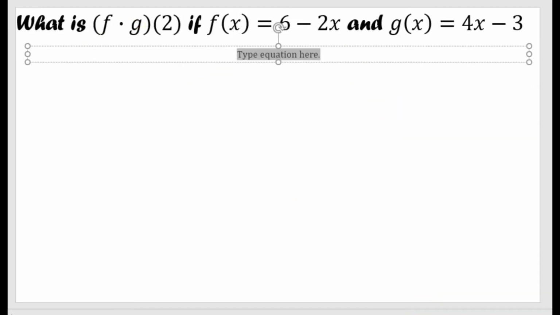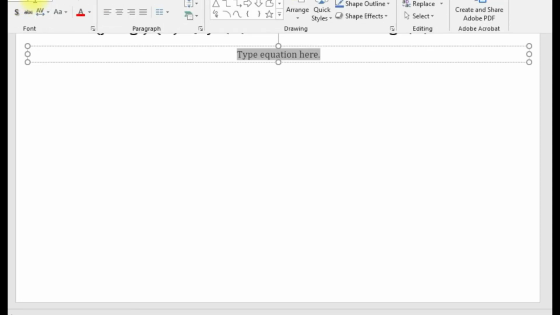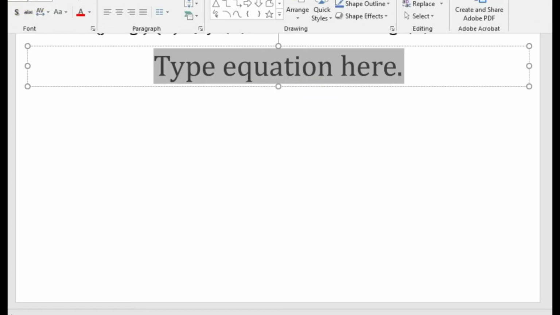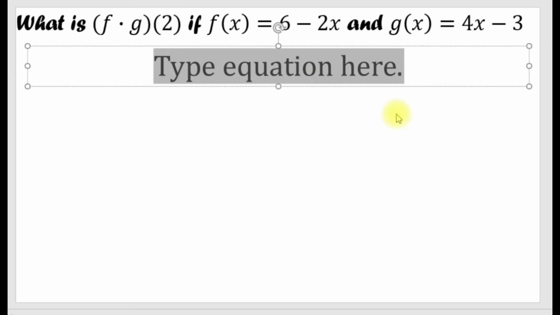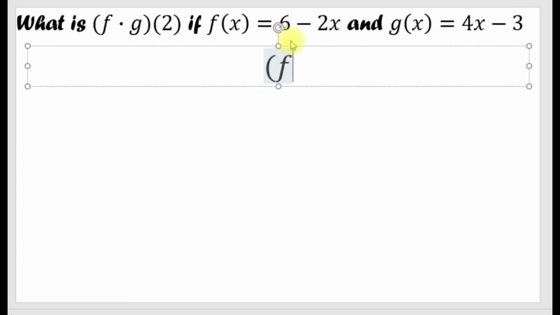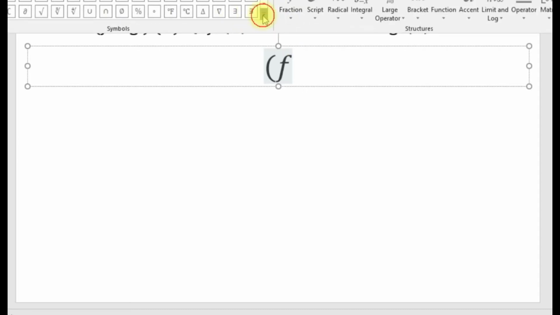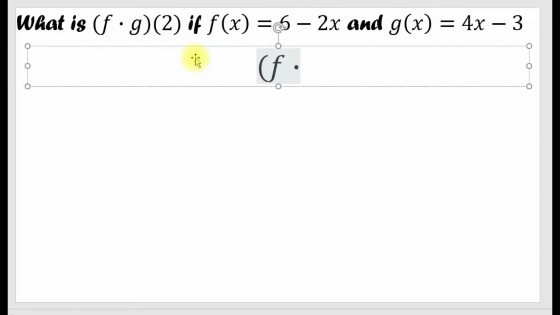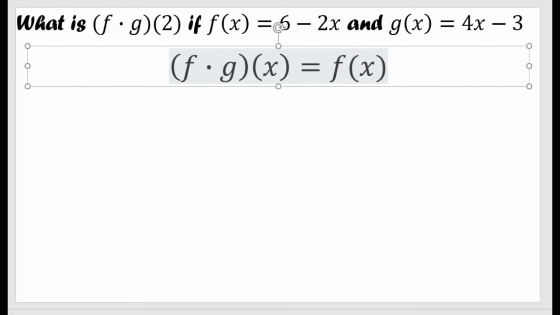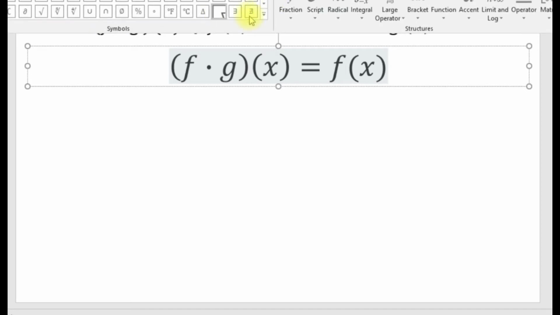That is f dot g of x is equal to f of x times, or dot, g of x.